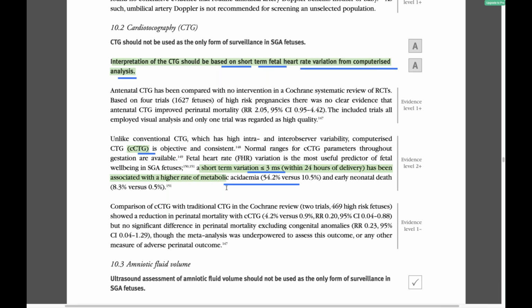I don't think I have ever seen a question from here, but still you have to know this, because if the computerized CTG is showing short-term variation less than or equal to 3 millisecond, then there is a very high chance of metabolic acidemia.